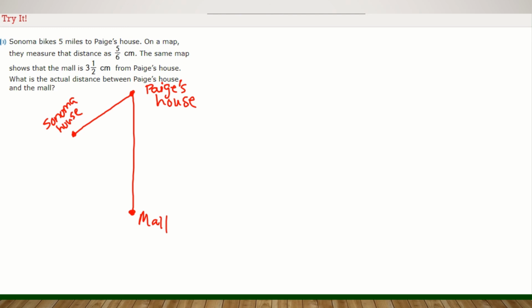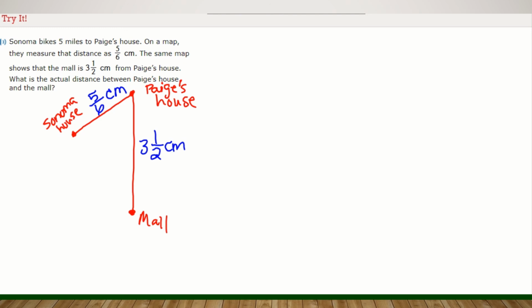Now I know from Sonoma's house to Paige's house, that is 5/6 centimeters. And from Paige's house to the mall, that's 3.5 centimeters. Now, in order to figure this out, we need to figure out how many miles is 1 centimeter.